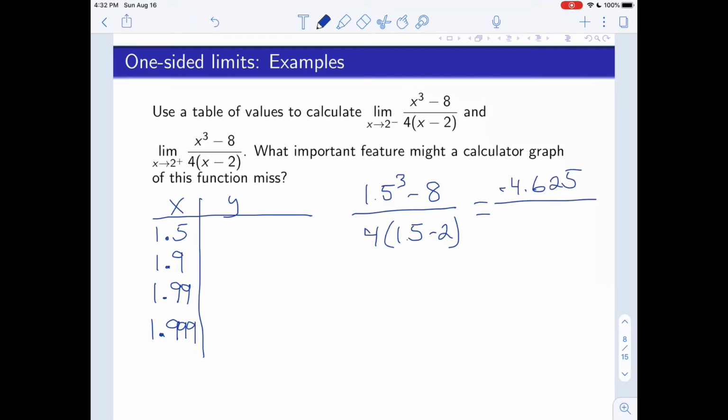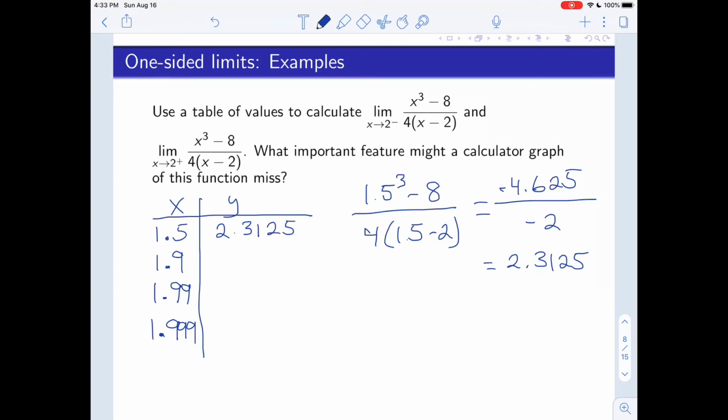And on the denominator, I get a -2. So I get a final answer of about, sorry, got a little dyslexic there, 2.3125. So that's my y value here.